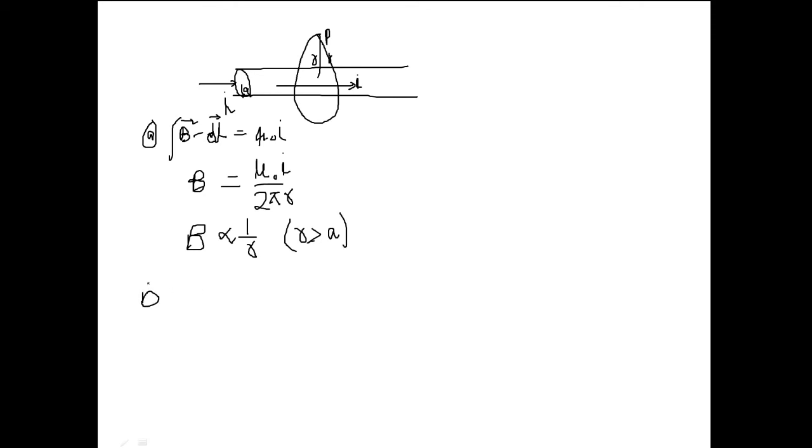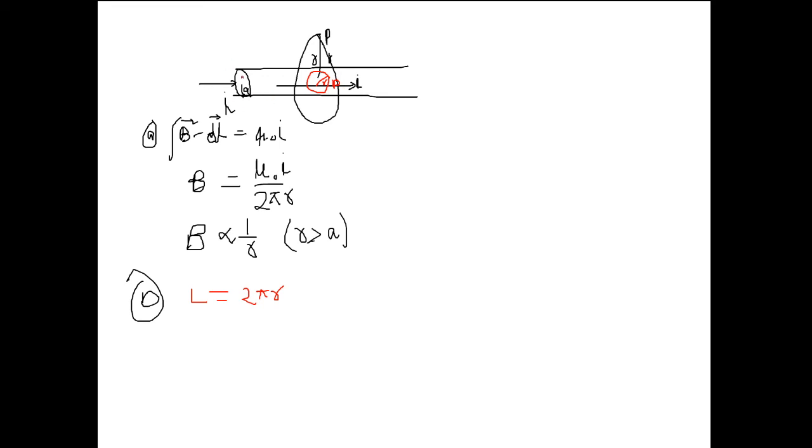Now second case, we take the point P inside the wire. So we have to draw an Amperian loop like this. Now this is r. In this case also the length of the Amperian loop is 2 pi r. But the important thing here is, what is the current threading through this loop?